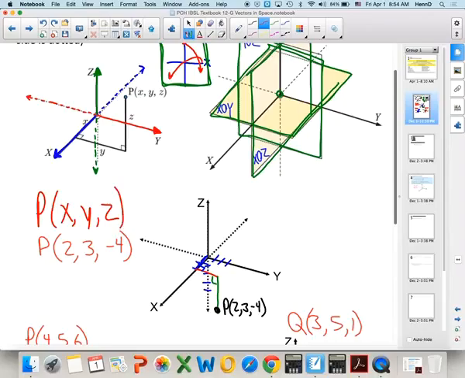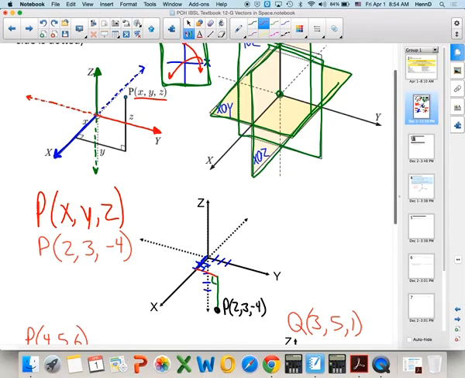So I did give it to you. They're X, Y, and Z. And this is kind of cool because there are so many similarities between 2D and 3D. Most of the stuff you're going to be working with is exactly the same as two-dimensional. We're just putting in this Z component.